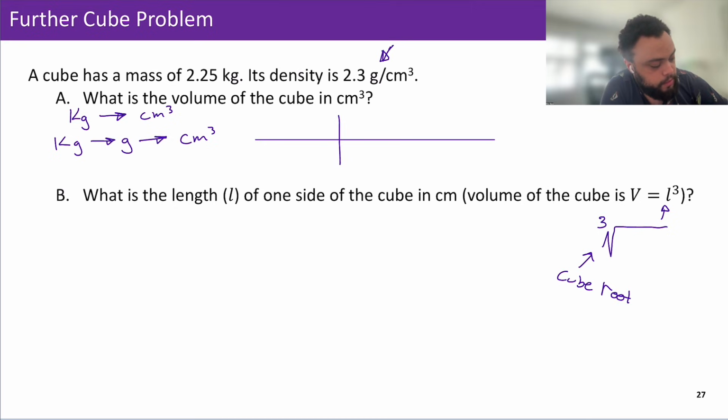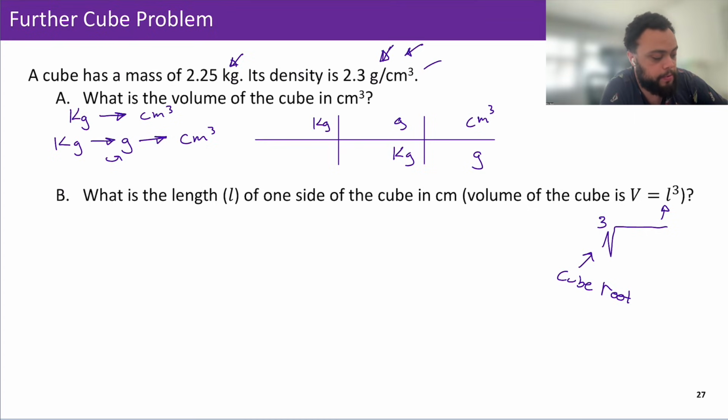So we'll set up a train track to figure this out. We'll start with our kilograms because that is our unit that we have all by itself right there. So kg. We need to have kg on the bottom, and we're trying to go to grams next, so grams has to go on the top. Then we need to go from grams to cubic centimeters, so grams has to go on the bottom, and cubic centimeters goes on the top.